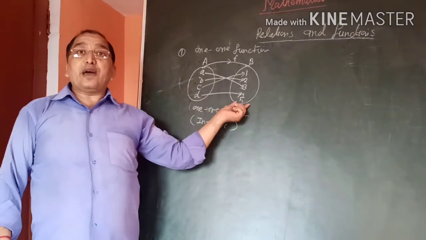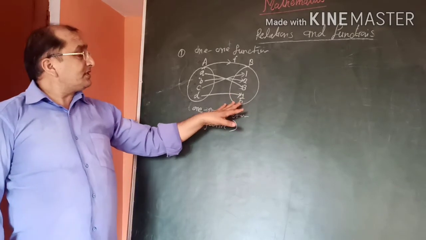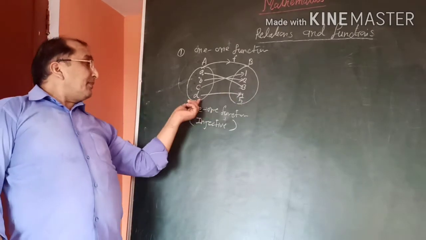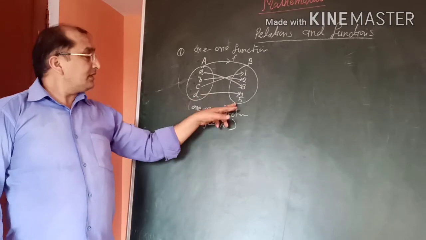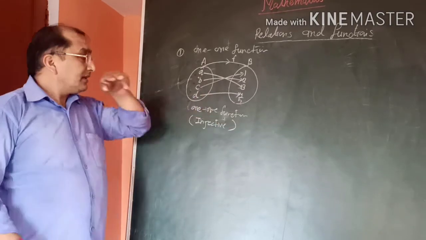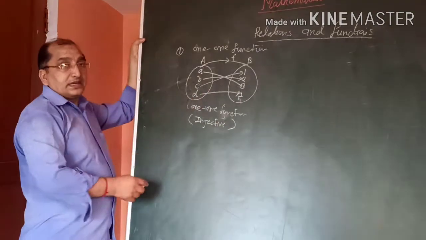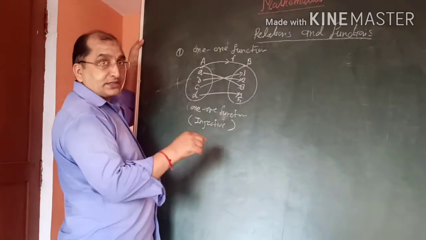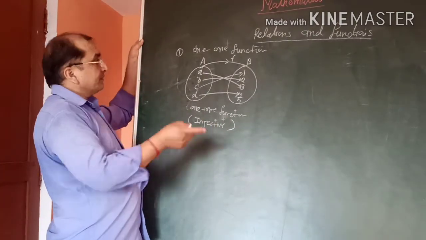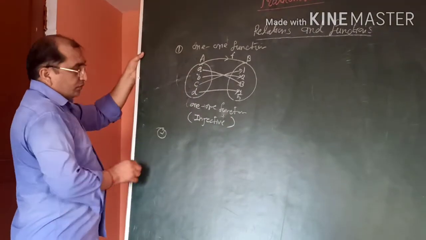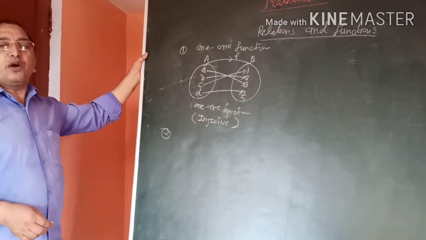And here 5 is the element which does not have a pre-image, and this is not the image of any element of A. So this is also known as an into function. Into function. Now see, number 2, onto function. What do you mean by onto function?